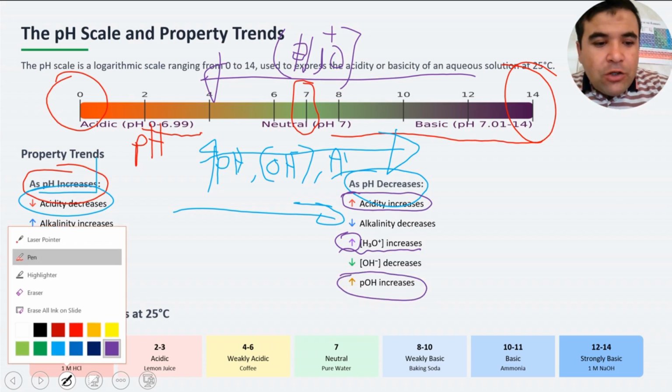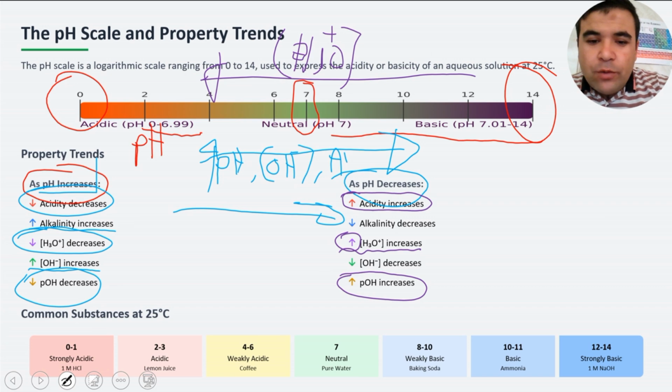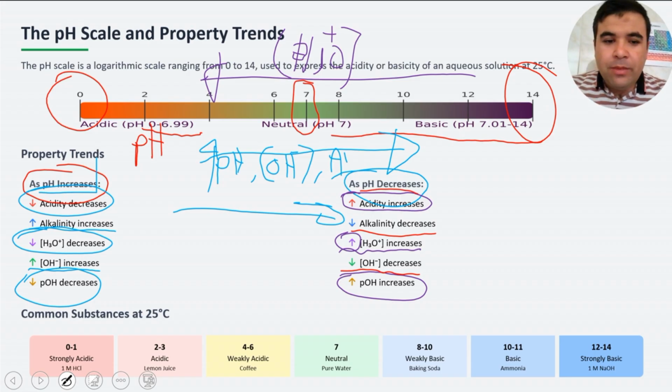But the 3 other values are going to decrease: the hydroxide, alkalinity, and then the pH value. This is very important, these relations, in order to answer the types of question: which of the following is the most acidic? Which of the following is the most basic, most alkaline? Has the highest pH, has the highest pOH, has the highest hydronium, has the highest hydroxide?